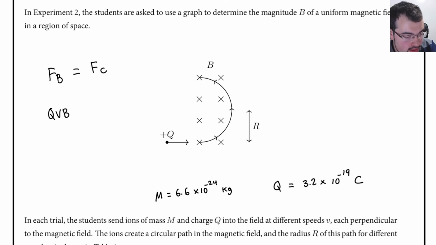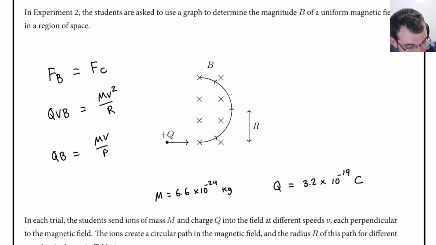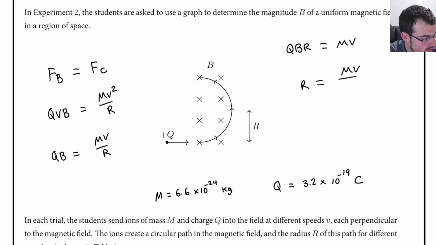So QVB is causing us to move in a circle, so that would be mv squared over r. Then one of the v's cancels, so I get QB is equal to mv over r. So I'd get QBR is equal to mv, or r is equal to mv over QB.